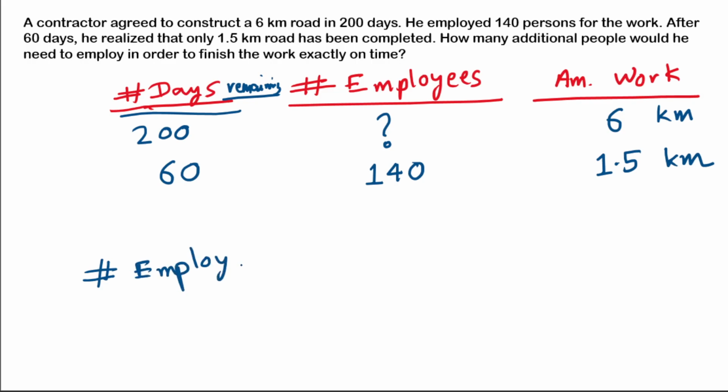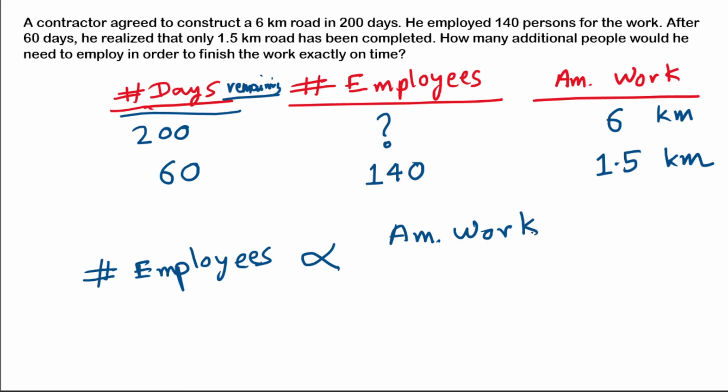Look at it this way: if my amount of work increases, the required number of employees would also need to be more. So this has a direct relationship with the amount of work.